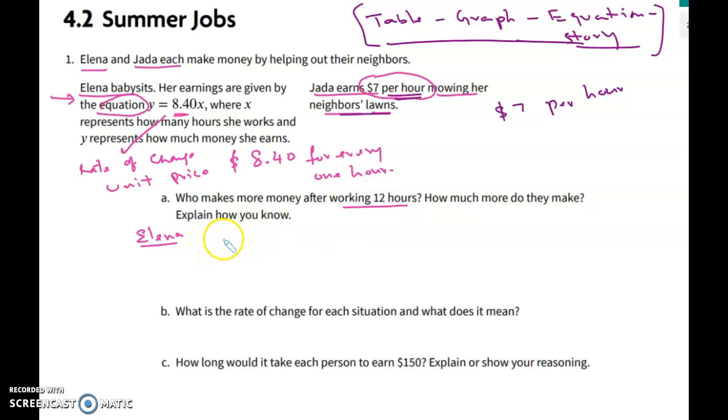So we're going to multiply $8.40 times 12 hours. Let's use a calculator and see how much she's making. $8.40 times 12 hours. She makes $135.80.